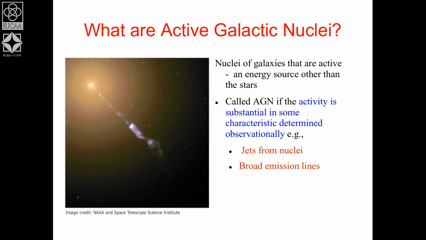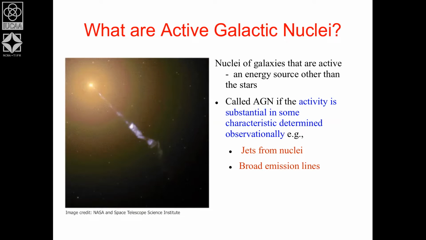For example, we have, of course, a high luminosity from a point-like source, but in addition, one can have relativistic jets emanating from the central nucleus, and seen something like this. They cannot be attributed to stars, and the origin of the jets is non-stellar in nature, and this is again a signature of an active galactic nucleus.